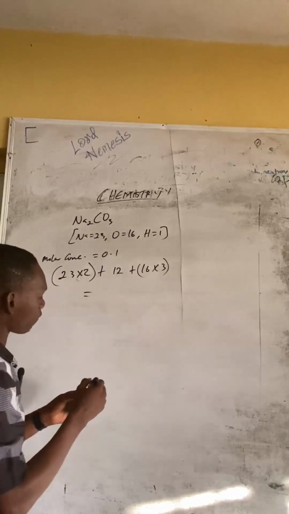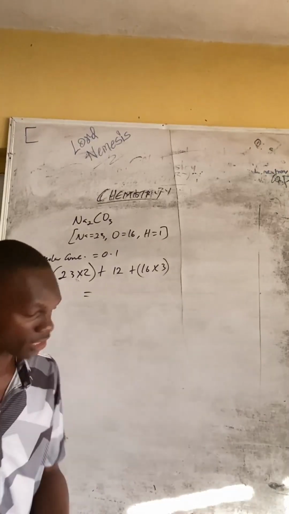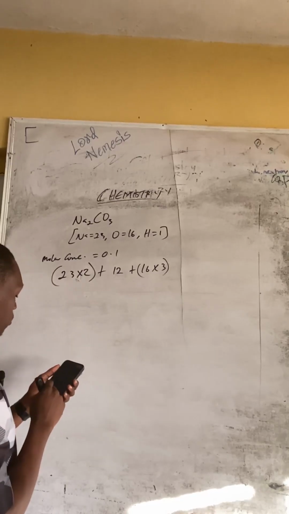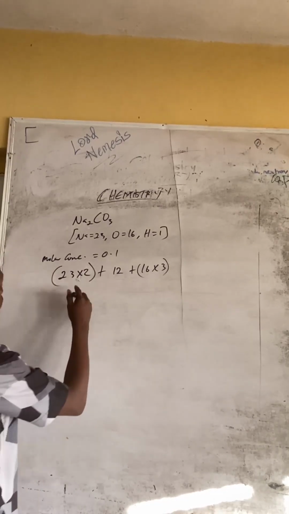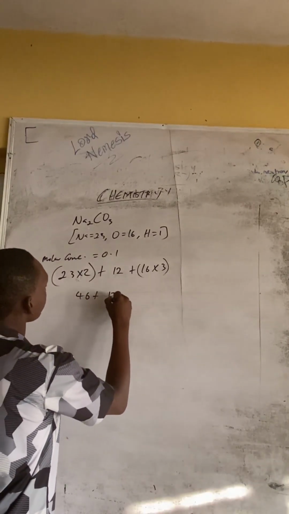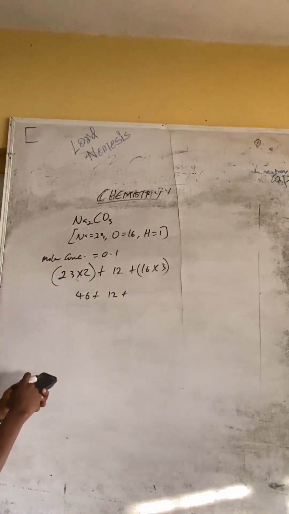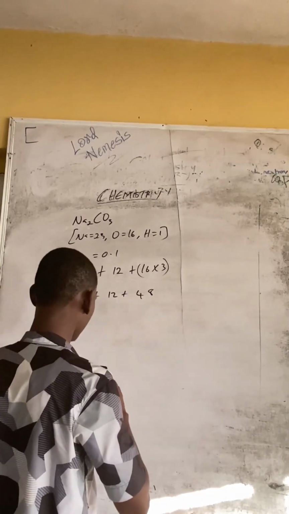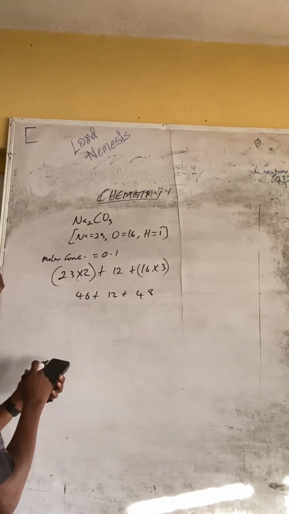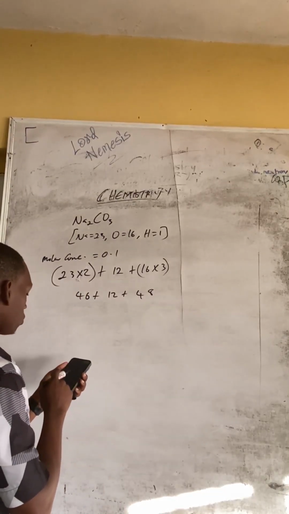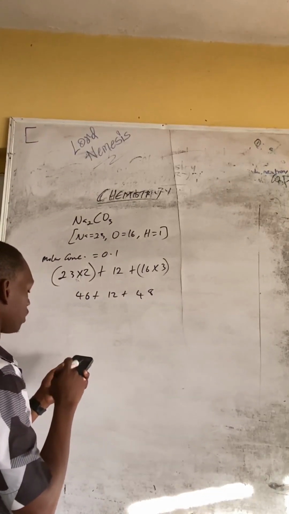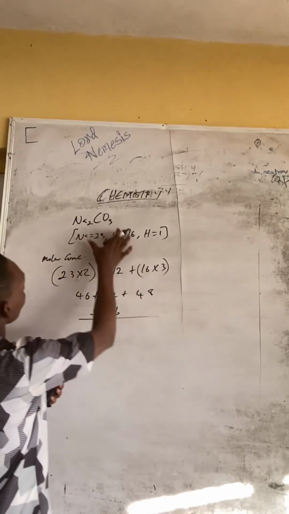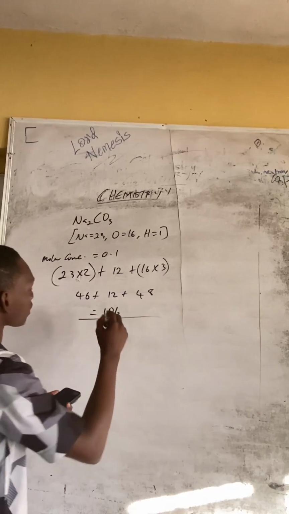Now, let's simply solve that using our calculator. 23 times 2 gives us 46, plus 12, plus 16 times 3 gives us 48. If we simply sum all of that, 48 plus 12 plus 46 gives us 106. So the molar mass is 106 gram per mole.